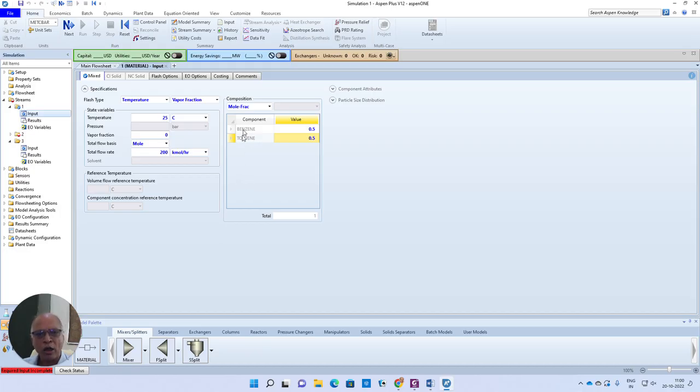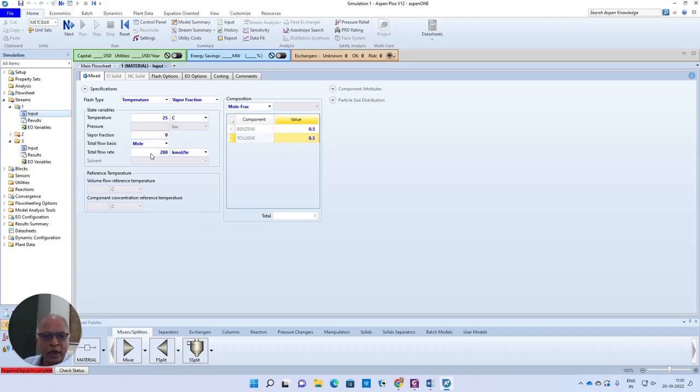It doesn't mean that all these components are going to be present in each and every stream. So it is always advisable, if you are defining the total flow and mole fractions, though it is not independent, to define it such that the sum of mole fractions is equal to 1. Otherwise, it will be difficult for the simulator to identify how many of the available components are in this stream. So please make this a good habit.